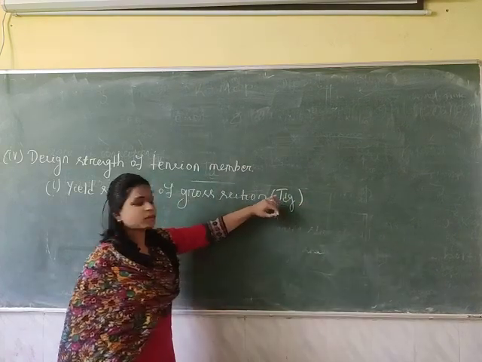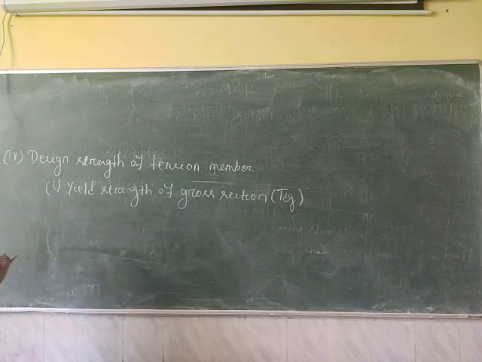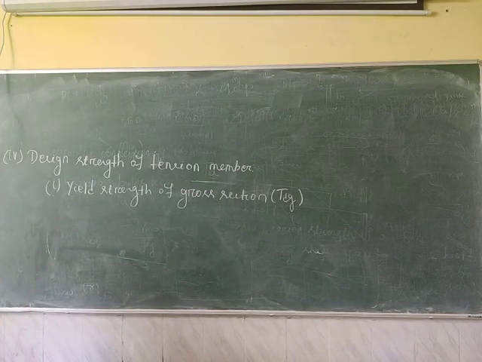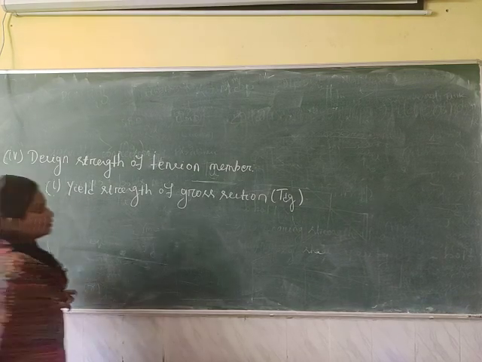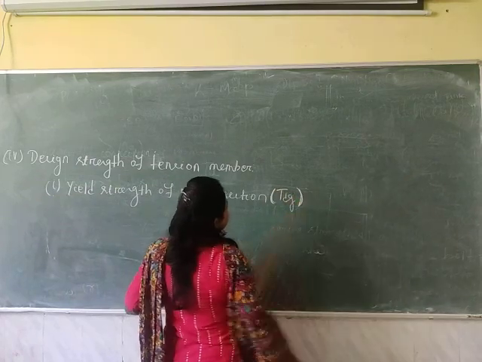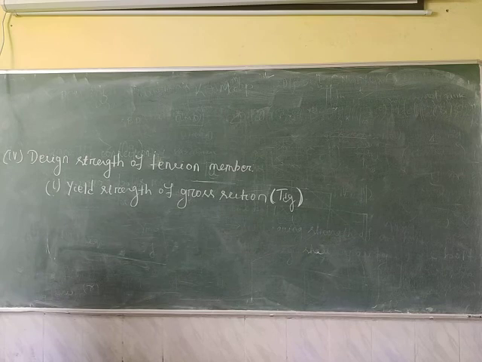So here in case of gross area, you have to put the provided area. Okay, the area of the section, not the area required, which we will calculate in step number 1.